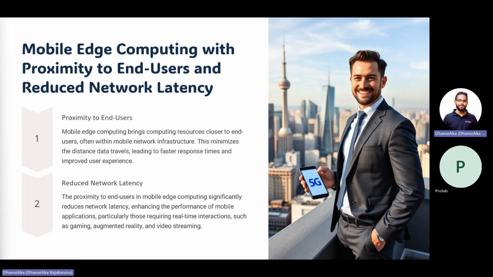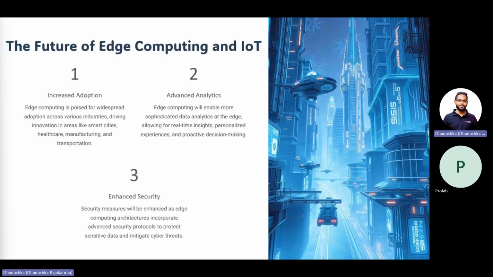Then we will talk about the future of edge computing. The increase of adoption, advanced analytics, enhanced security. So the growth in IoT ecosystem: explosion in IoT devices, by 2030 it is projected that there will be over 50 billion connected devices worldwide. So edge computing will be the backbone for 5G and beyond, with ultra low latency, network slicing, integration with 6G.